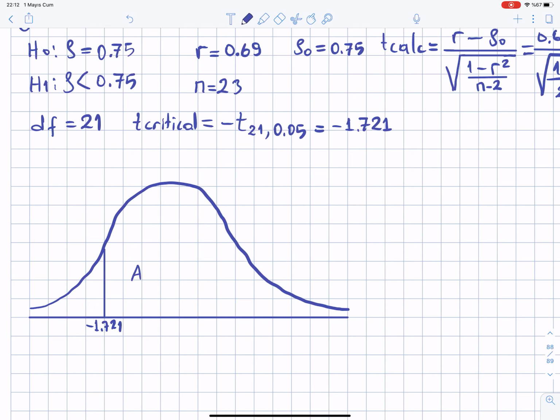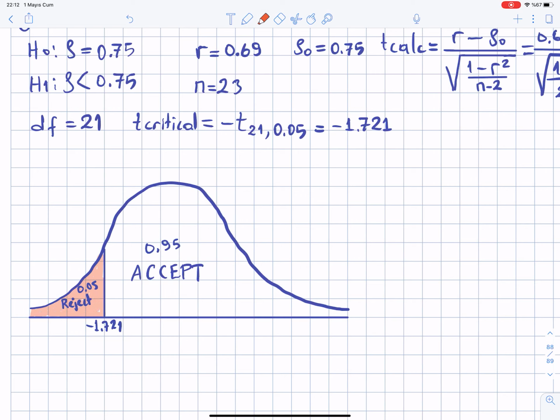That's the accept region, and that's the reject region, the reject area of 0.05, and that's 0.95. Okay, and highlight this part. That's the critical region.